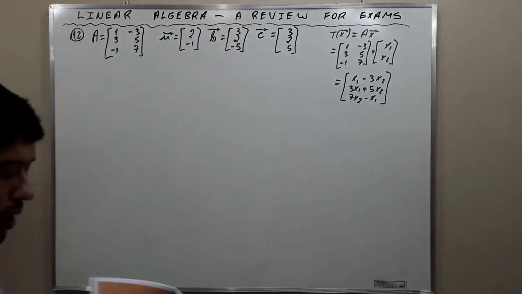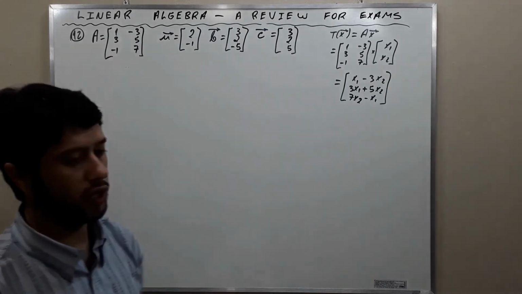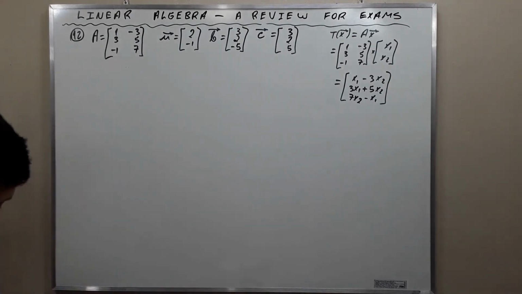What does letter D want? Letter D wants us to determine if C, we are going to work with C now, determine if C is in the range of the transformation. Okay, so what does it mean? To be in the range of the transformation, what does it mean?